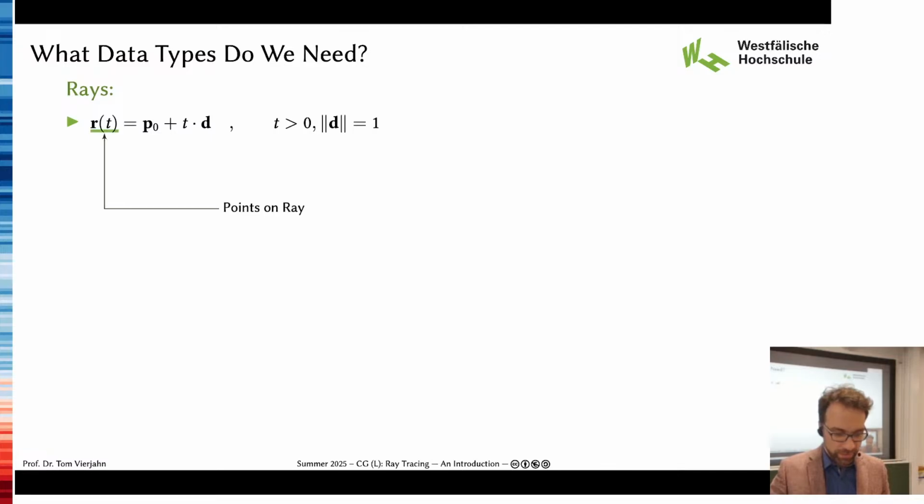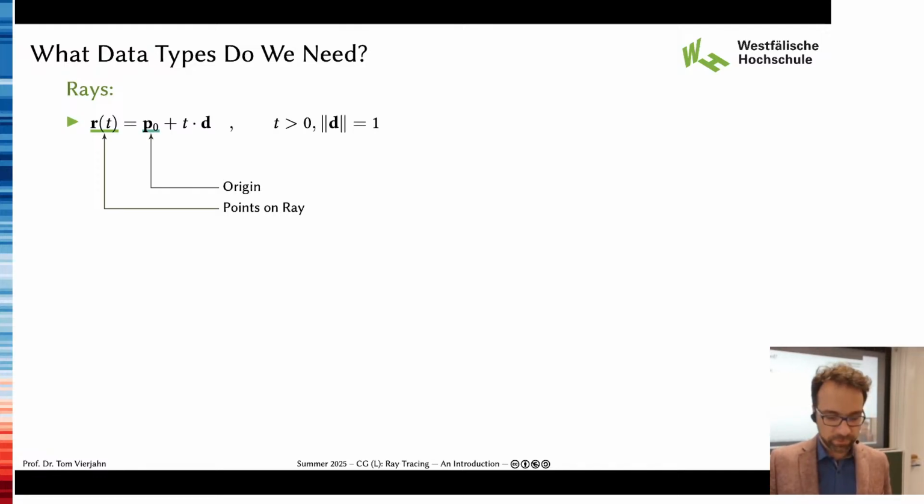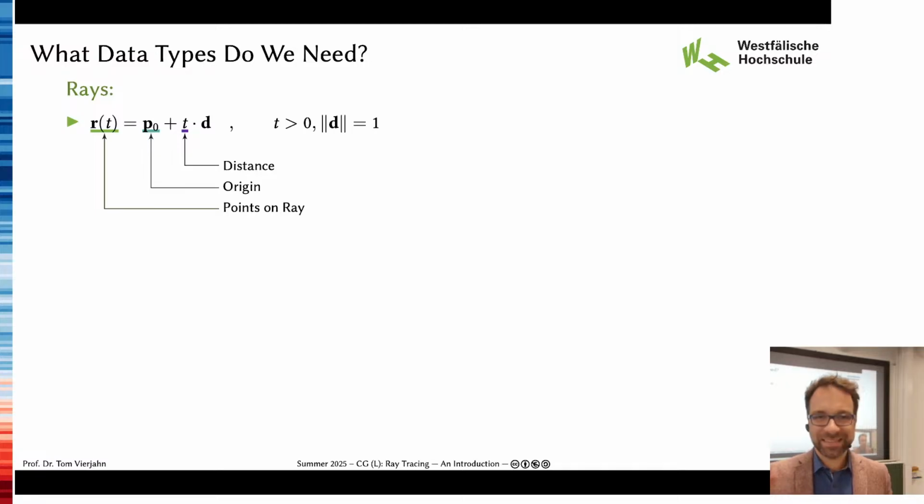Okay, so we have points on the ray that I can compute, starting at the origin, going distance steps along the ray, distance meaning a number of steps along the ray, in the direction of the ray.